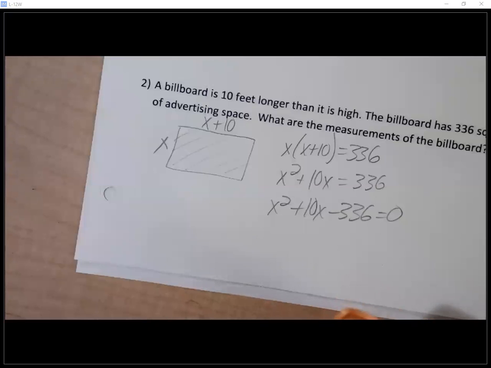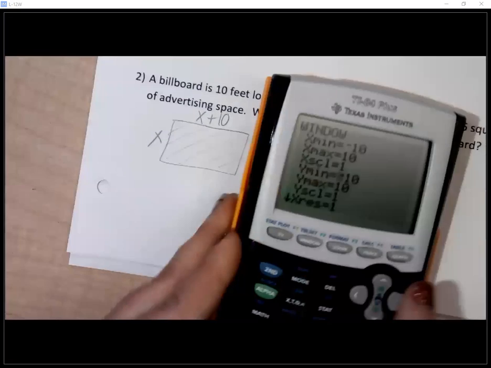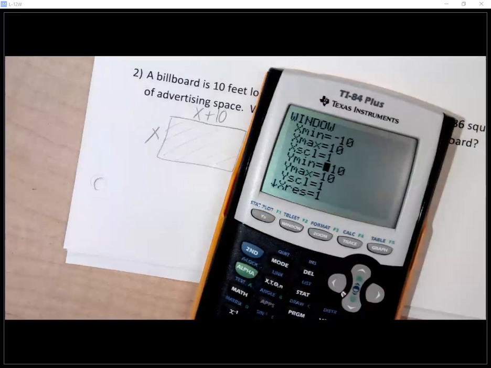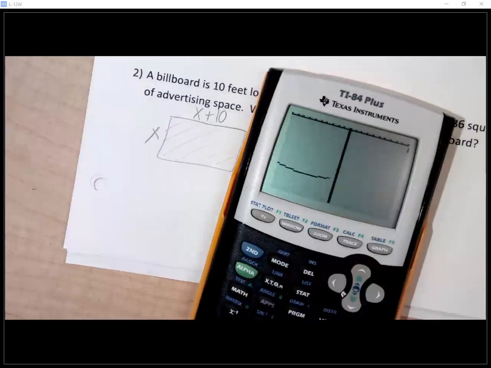So let's see, at 0, you're at negative 336. So why don't I change my y min instead of that being negative 10? I'm just going to change it to negative 500. Let's see what we get with that. Okay, now I can at least see part of it.